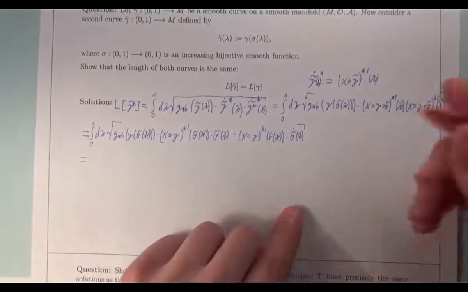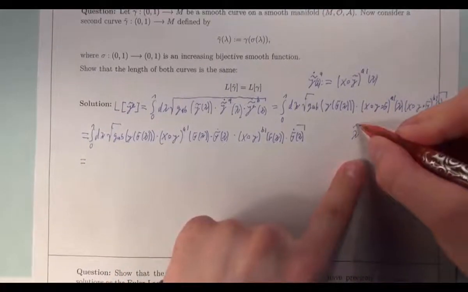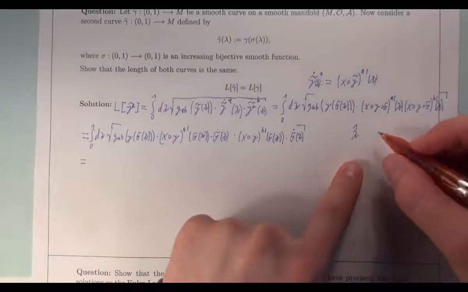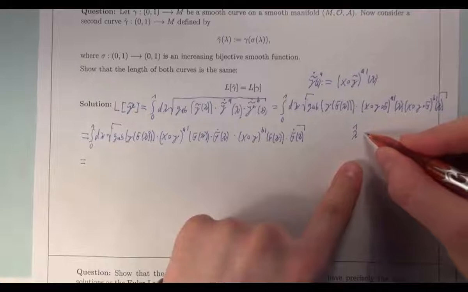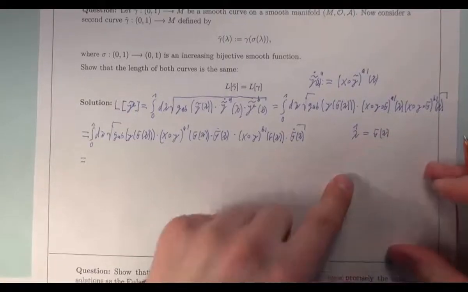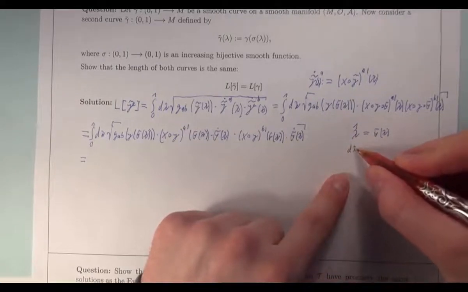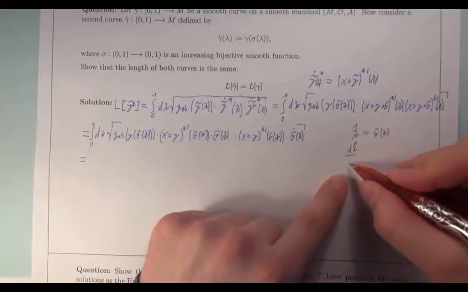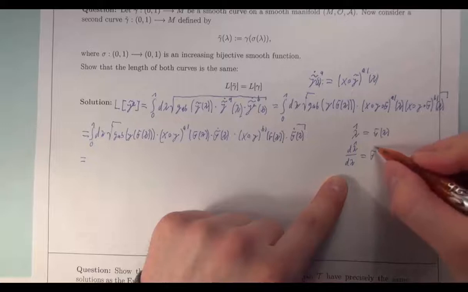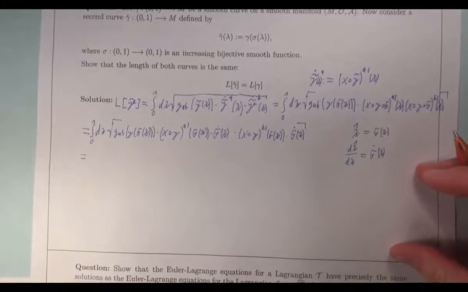We see that we have to change our parameter. We do a substitution, so-called. We introduce a lambda hat, which is defined by sigma of lambda, but to transform this correctly, we need to calculate d lambda hat with respect to d lambda, which is equal to sigma dot of lambda.